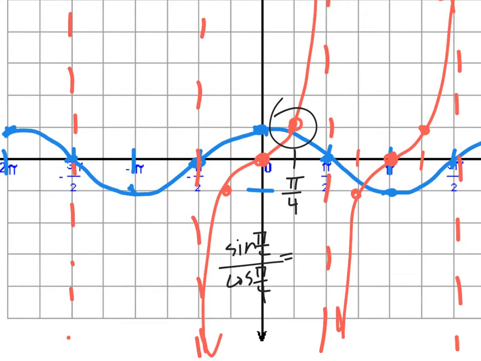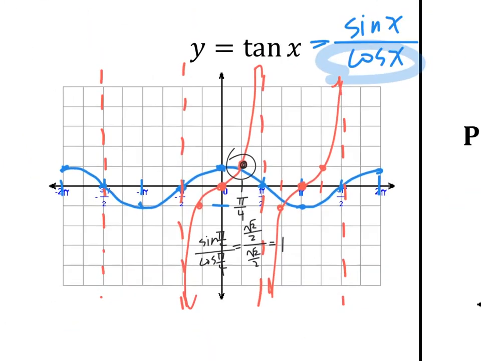And we know that sine pi over 4 is square root 2 over 2. Cosine pi over 4 is square root 2 over 2. Therefore, that's 1. And that's why you put a 1. Pi over 4, 1. Tangent of this is 1. You're just graphing all the trig ratios. Does that make sense? If you forgot how to do it, just put the numbers in and you can figure that out.